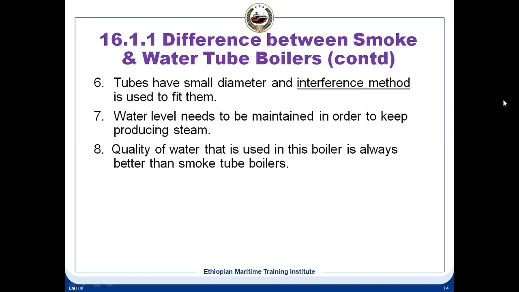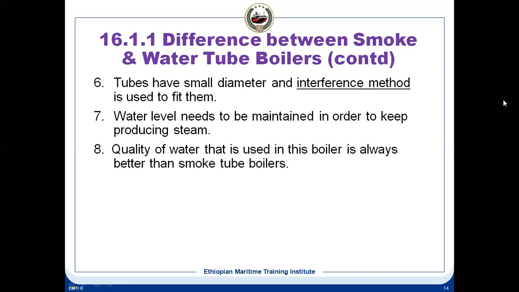In point number 7, in a water tube boiler, the water level needs to be maintained. A water tube boiler is not so tolerant about low water level as compared to a smoke tube boiler. A smoke tube boiler is basically like a drum, so the tubes which are carrying the hot flue gases are always covered. In a water tube boiler, it is not so.